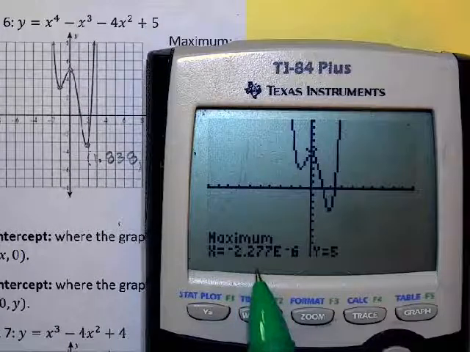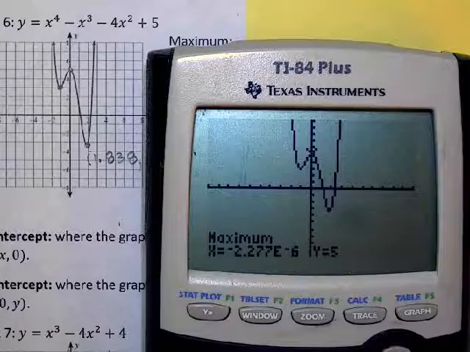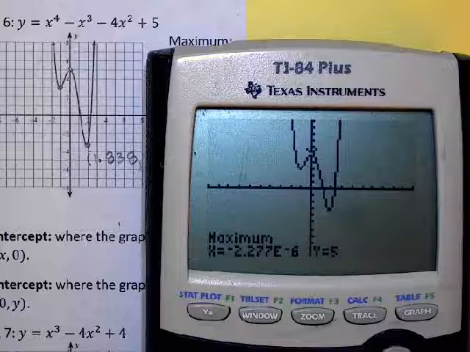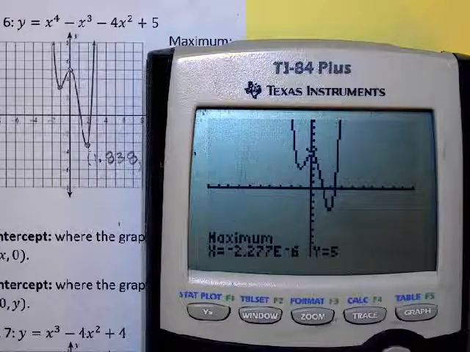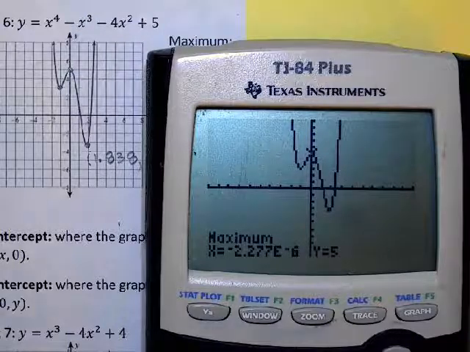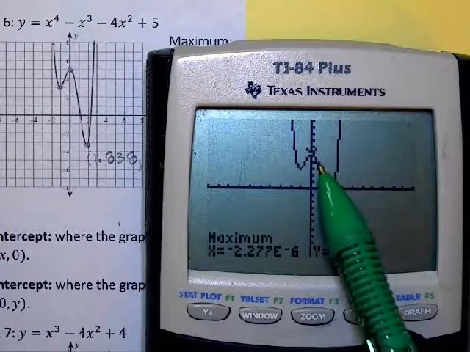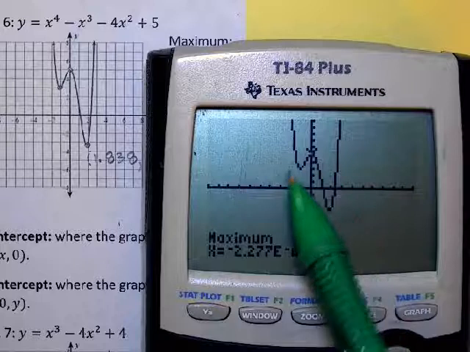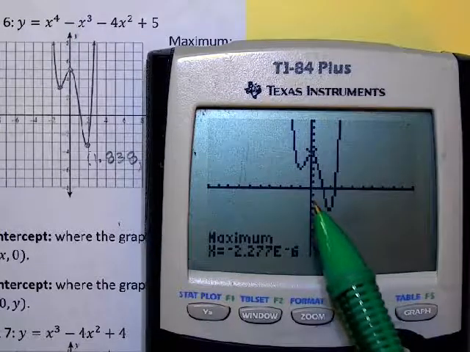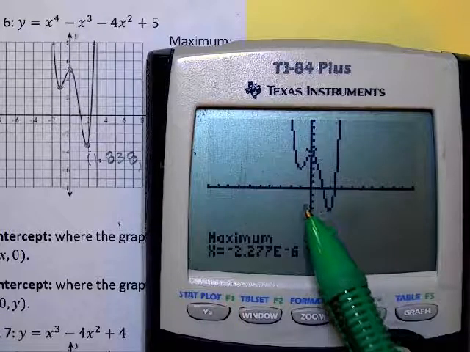It would not be mean for me to put this on a quiz, because this is a regular issue, in particular with polynomial functions. Your calculator has a hard time, for whatever reason, with polynomial functions and getting the 0 value exactly accurate. So it's not mean for me to put this on a quiz or a test.